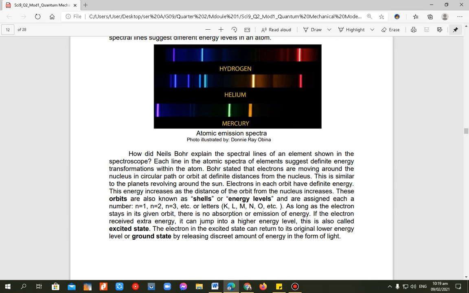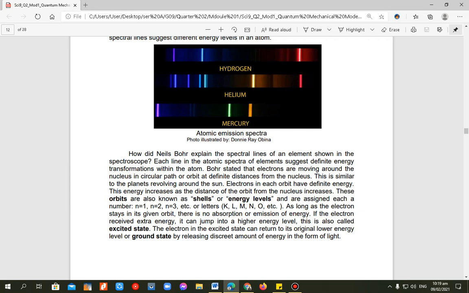So electrons in each orbit have definite energy, and this energy increases as the distance of the orbit from the nucleus increases. So it means these orbits ay tinatawag na shells or even energy levels and are assigned each a number.